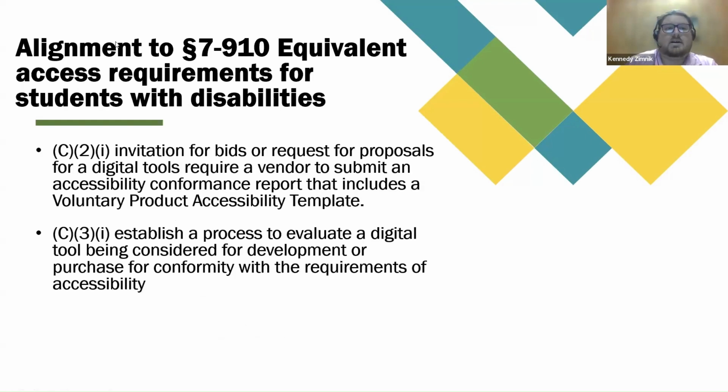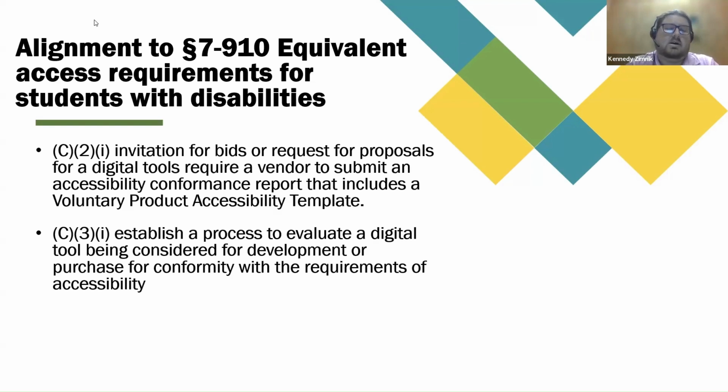So, like I just said, in alignment to 7-910, the equivalent access requirements for students with disabilities, these are just a couple paragraphs out of there. Invitation for bids or requests for proposals for digital tools require a vendor to submit an accessibility conformance report, ACR, that includes a voluntary product accessibility template, a VPAT.